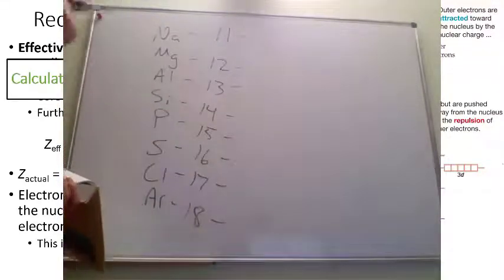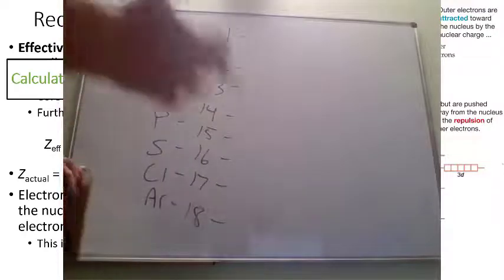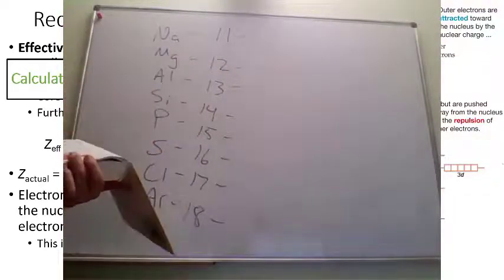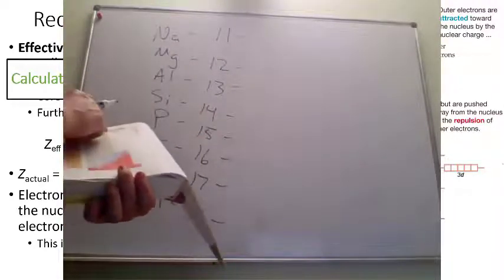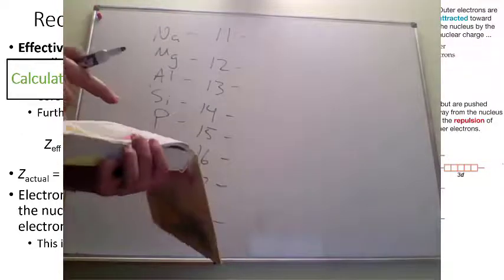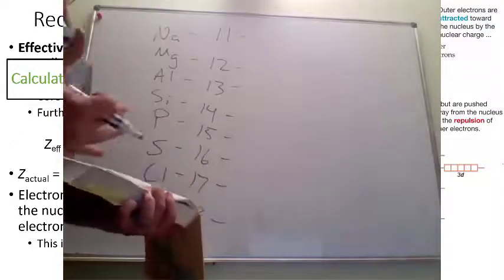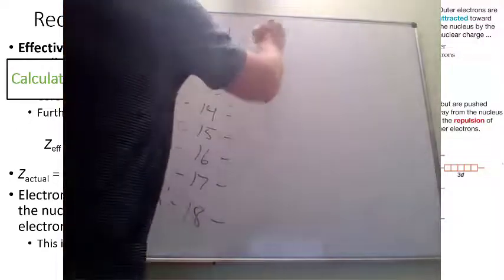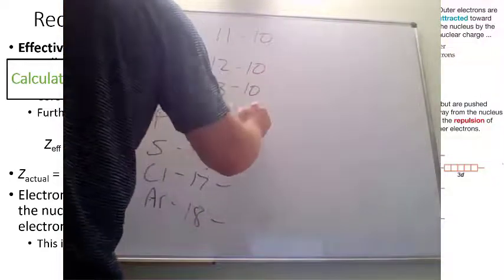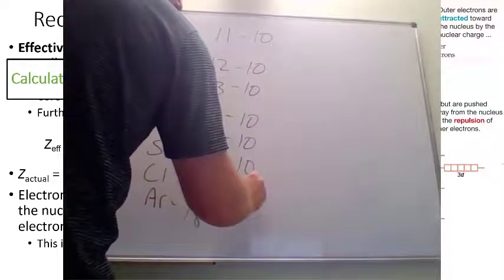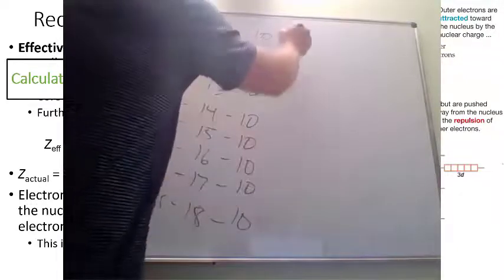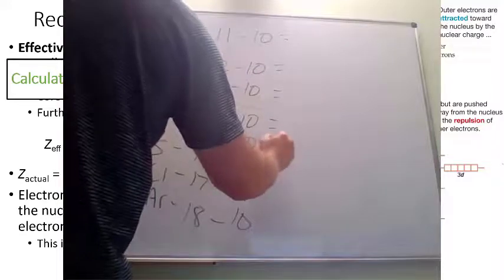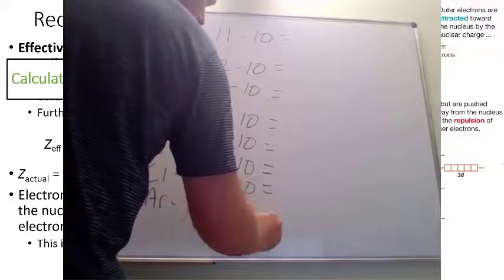Just like we identified the previous noble gas for the shorthand configuration, the noble gas for this row 3 would be neon. And we see that neon has 10 electrons, so that is an easy way for us to determine what the shielding is for each of these. So we are subtracting out the 10 electrons that are going to be core electrons.